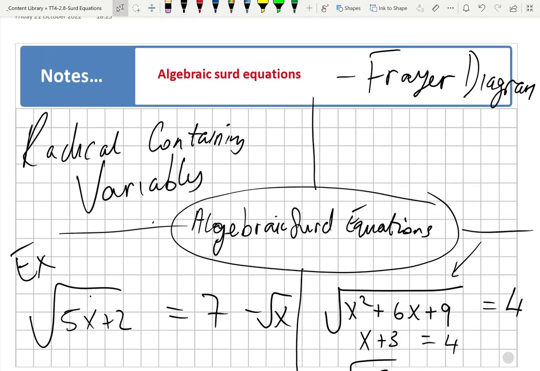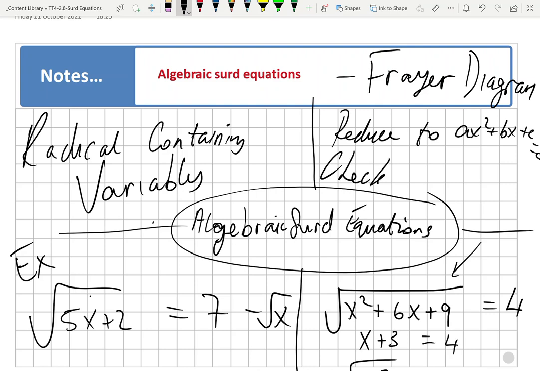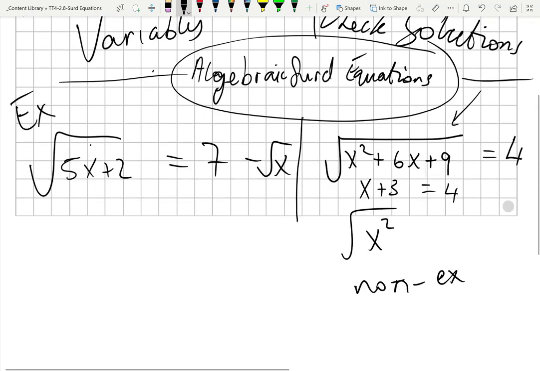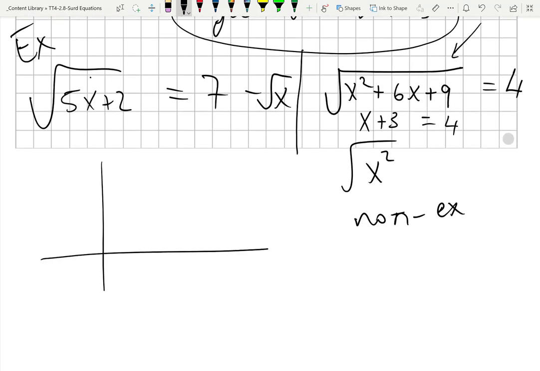So the main idea is reduce to ax squared plus bx plus c equals 0 and check solutions. Could put a diagram in there too. A square root looks like this. It's half a parabola flipped on its side.